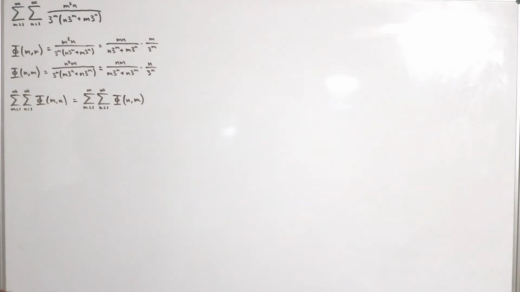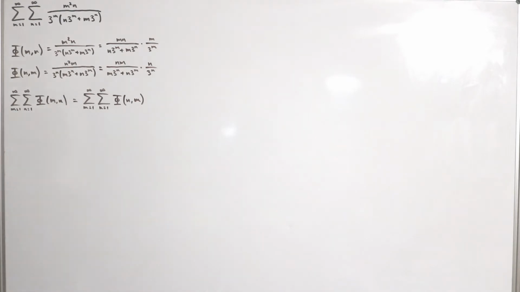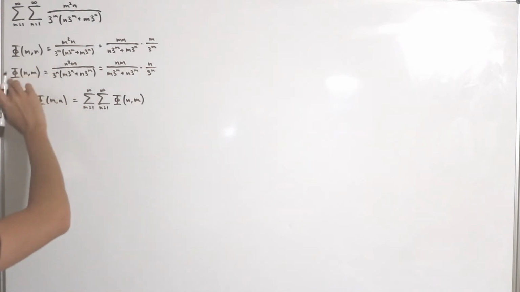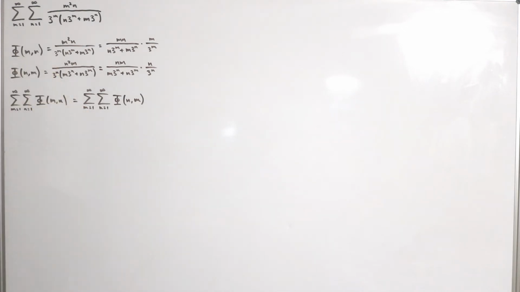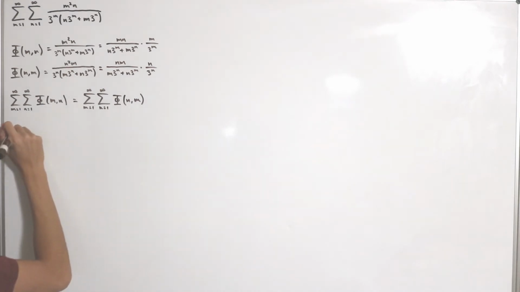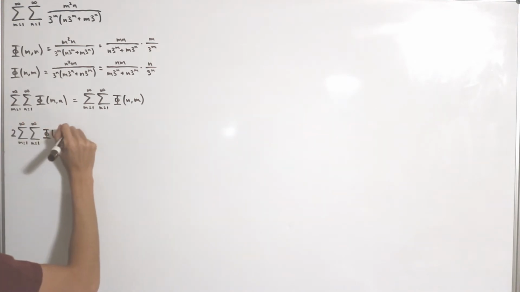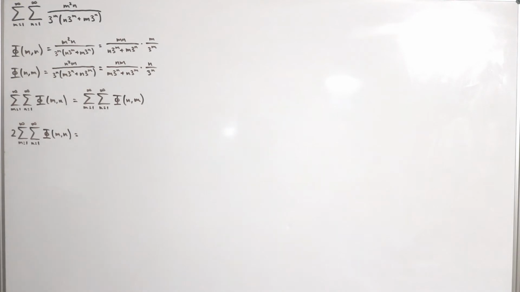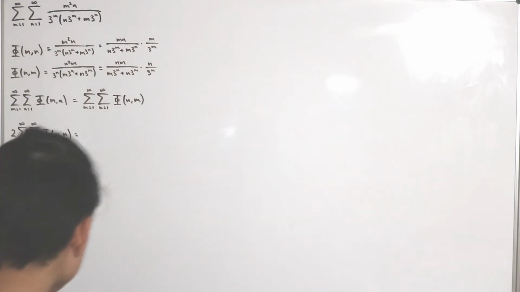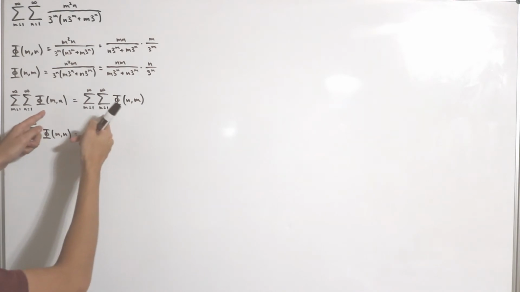Because these are equal to each other, what we can do now is add the two quantities together. Because they're equal, I'm going to stick with what we have originally. So this is 2 times the double sum of phi of m, n, and that's equal to the addition of these two double sums.